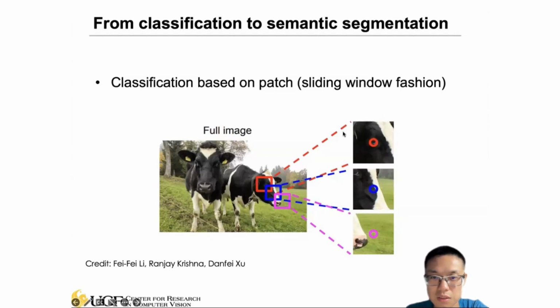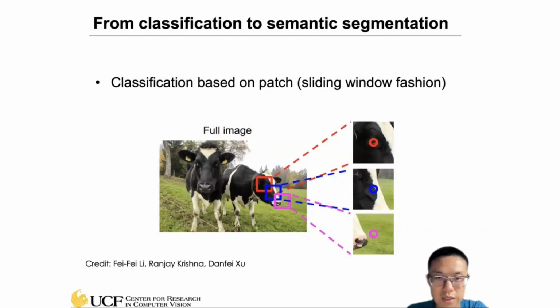This patch could be, for example, 10 by 10, or if you want more context, 30 by 30 or 50 by 50. The patch size can be adjusted or optimized based on performance.